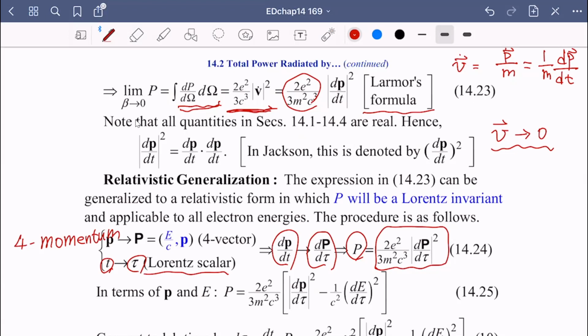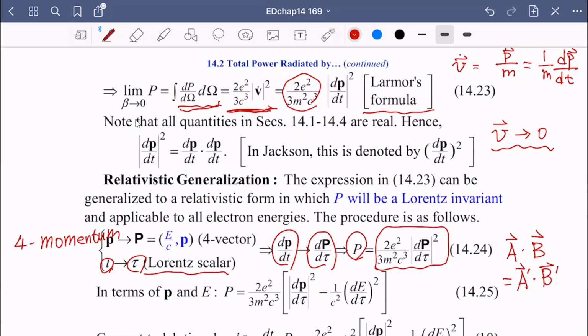Remember, we have this equation before. A is a 4-vector, B is a 4-vector. Then A dot B will be invariant under Lorentz transformation. Okay.